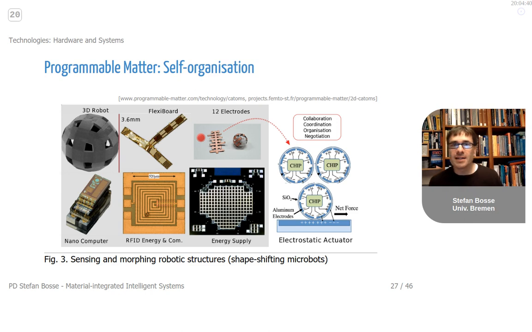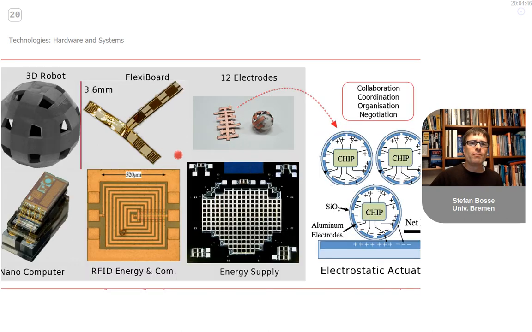So one example here we see is programmable matter. It's more or less now a company. You see it here. It's a very small ball, 4 millimeters in diameter. And the basic concept of this 3D robot called Catom is an electrostatic actuator. So we have here, for example, one ball and a plate and a base system, like the Schwebebahn.